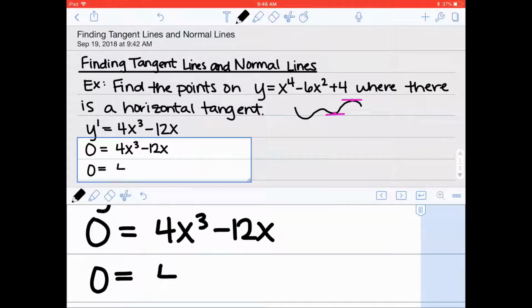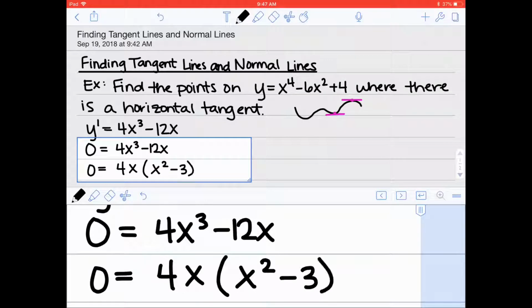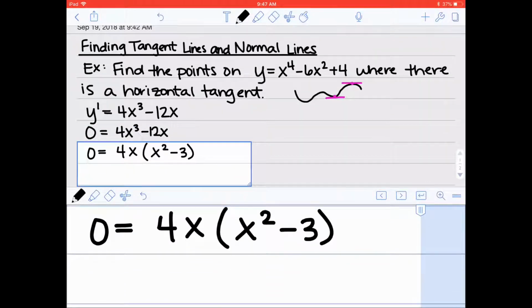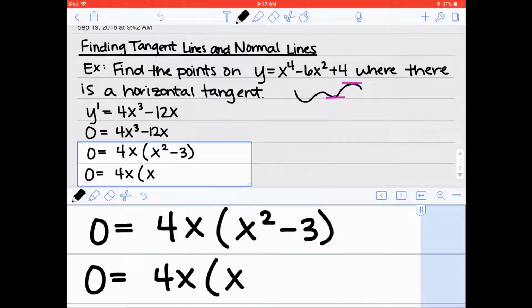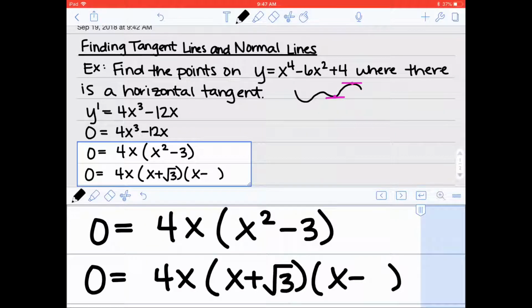So I have a GCF of 4, but also of x. And then that leaves me with x squared minus 3. And I can go ahead and factor that further. I can use difference of squares, even though 3 is not a perfect square. So I'll have 2 sets of parentheses, one with a plus and one with a minus. And the square root of 3 is literally just square root 3. So I'm going to go ahead and write that.